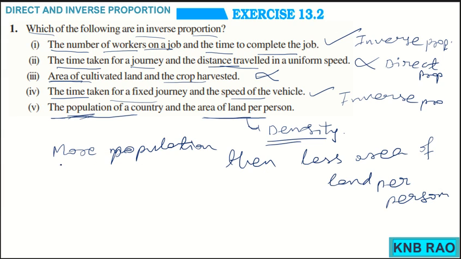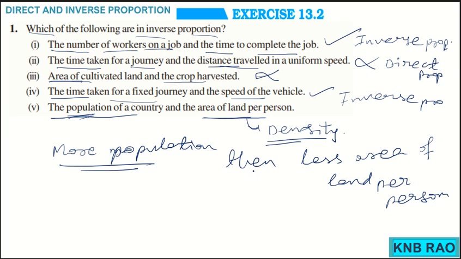Because if you watch in Uttar Pradesh, more the population is there and it is a dense state we call, whereas when it comes to, let us say, Meghalaya, Meghalaya has fewer people and still the land for them is more. So it is a less dense place.